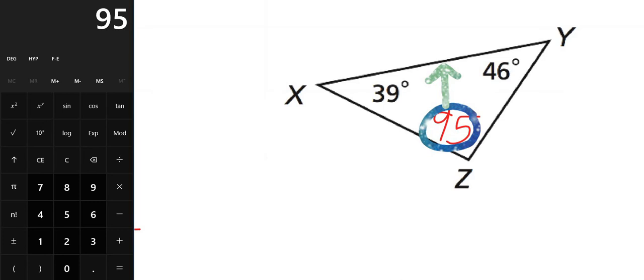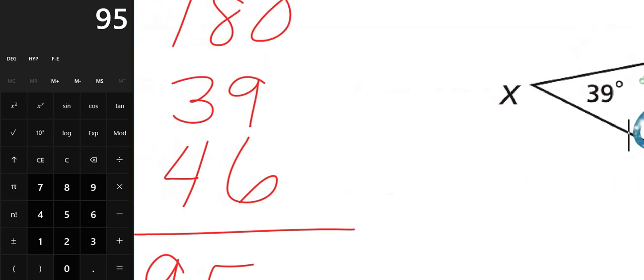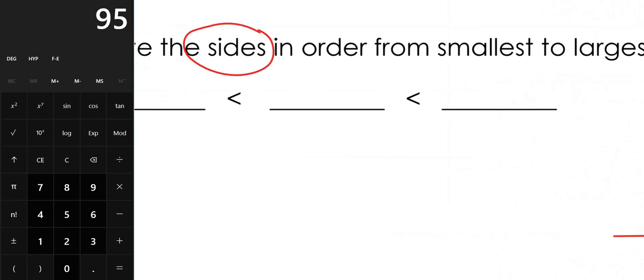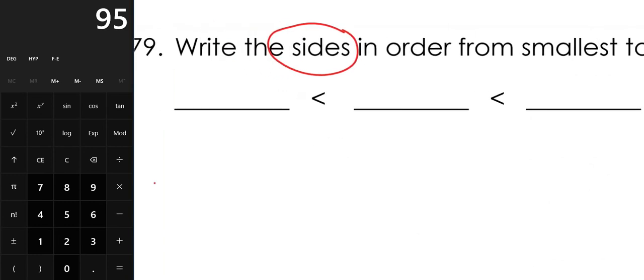So I'm going to put that in, that my longest side is XY. Now, oh, that's in the wrong spot. I'm looking at my inequality symbol. So for my inequality symbol, I need to put the largest one all the way to the right. So XY. That's my longest, my largest side.